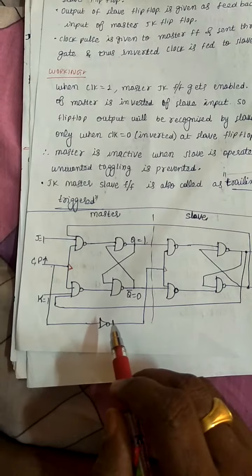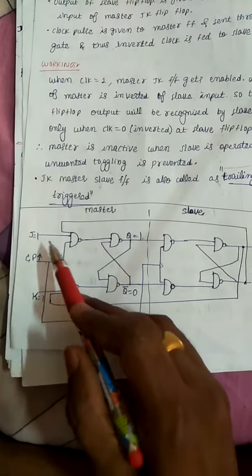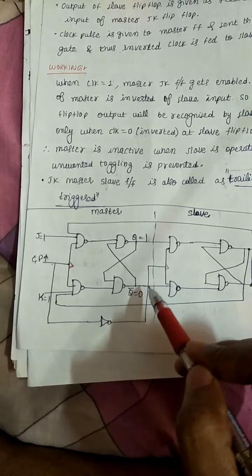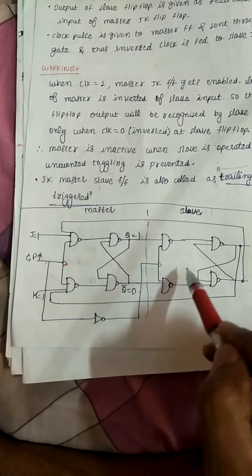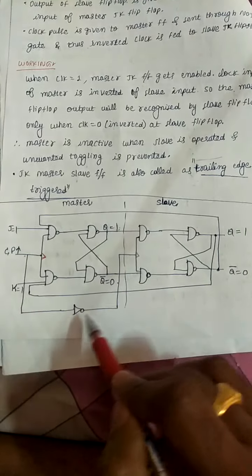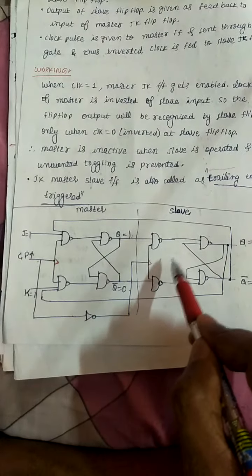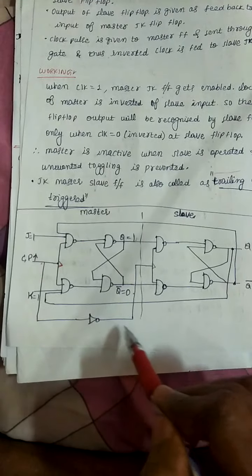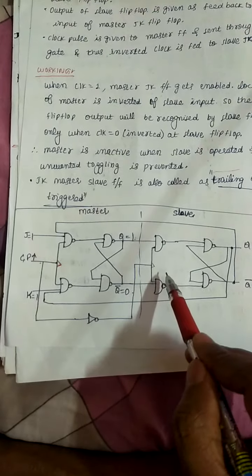So if you come to the working, if J is equal to 1, K is equal to 1, if you apply clock here, you will get 1 and 0. But this flip flop won't work because you are getting a negative edge trigger. For negative edge trigger, this won't work. Until this clock gets a positive edge trigger, it won't work.